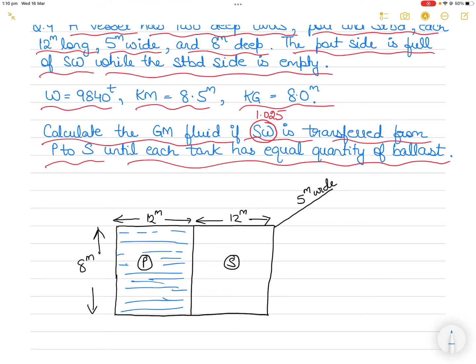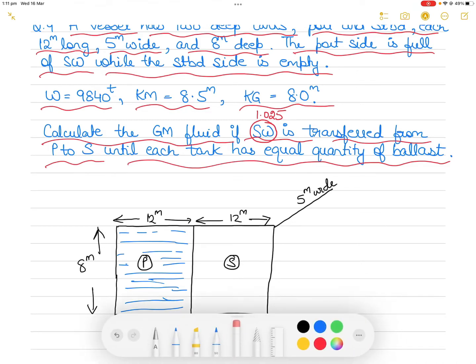Now remember that you have transferred water from port to starboard until each tank has an equal quantity of ballast. That means both the tanks have the same quantity. If the port tank is full, then you have transferred till the port side has become half, so that port and starboard both have half the tank amount of water in it.